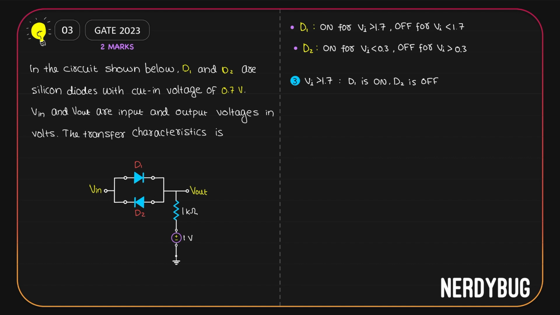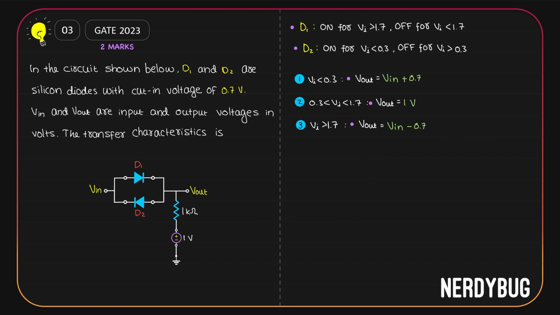The circuit model will look like this. Now Vin is from negative to positive, 0.7 volt is from positive to negative, Vout from positive to negative. So I can write Vin minus 0.7 minus Vout is 0, or Vout is Vin minus 0.7.